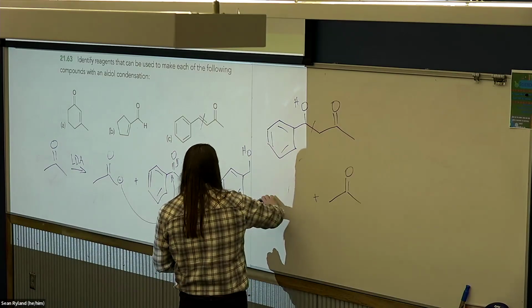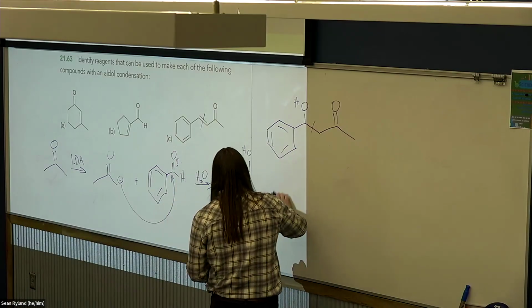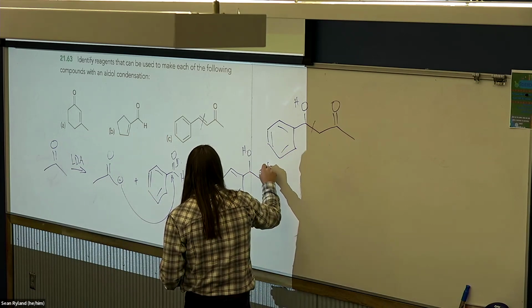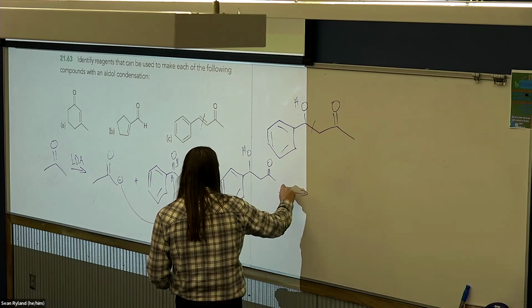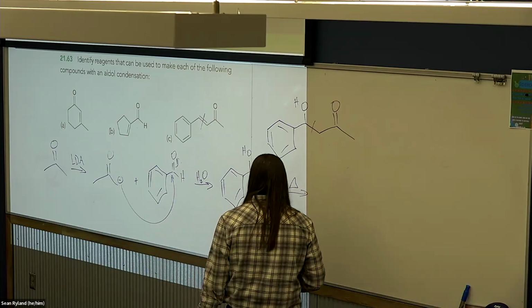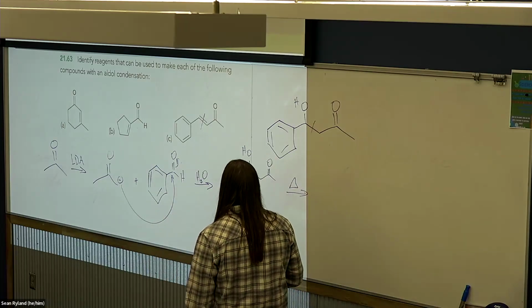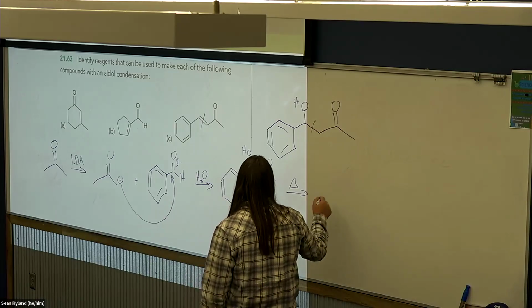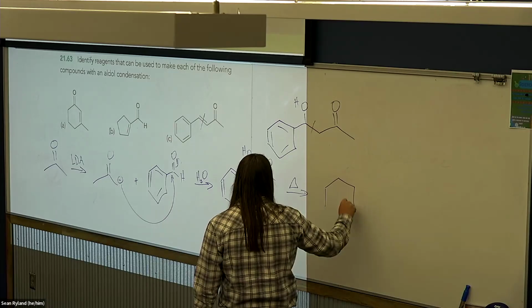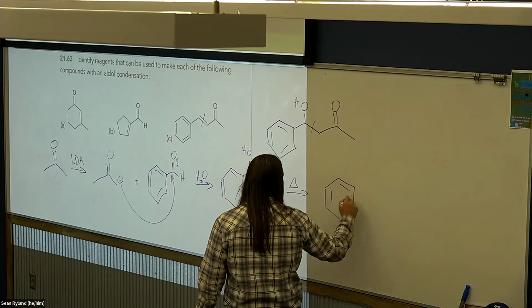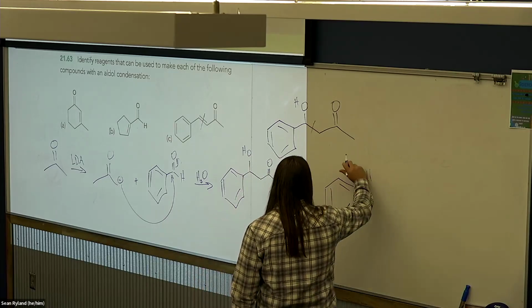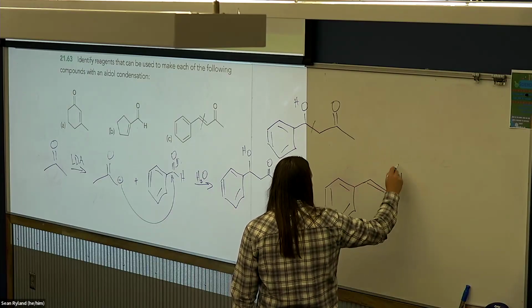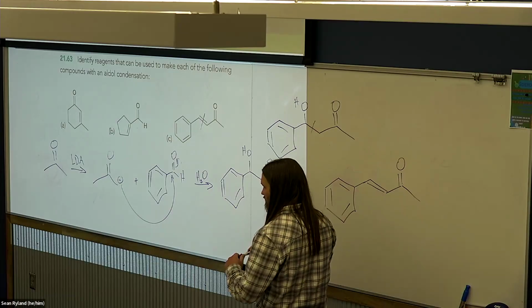That gets us all the way to our aldol product. Which we then heat. That is going to give us our alpha beta unsaturated ketone.